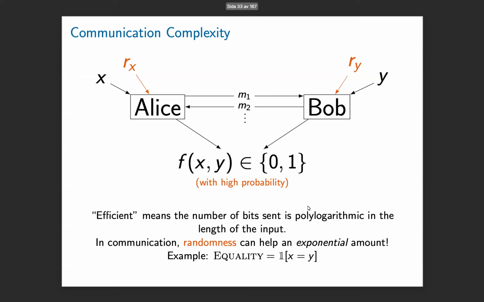Unlike in classical complexity, we know that in communication, randomness can help an exponential amount. An example that'll come up a couple of times in this talk is the equality function, where the parties just want to know if their inputs are equal. This has a maximally hard lower bound in deterministic communication, but there's an efficient randomized protocol.